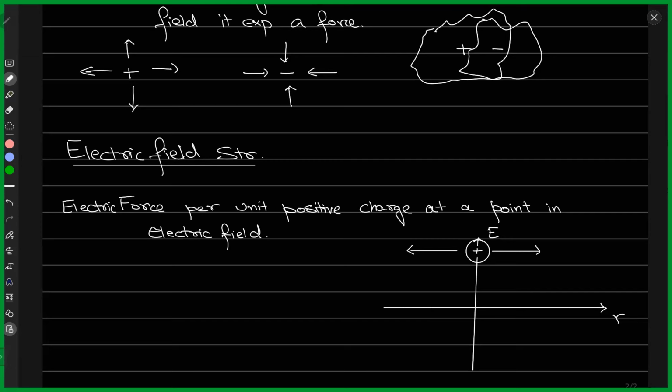And so I can show how the electric field varies as I move around this charge. When I'm inside the charge, you will not experience any electric field. There will be no electric field experienced inside this charge.